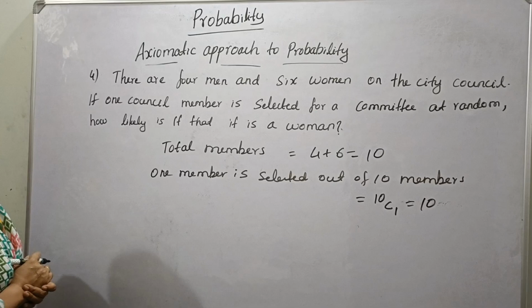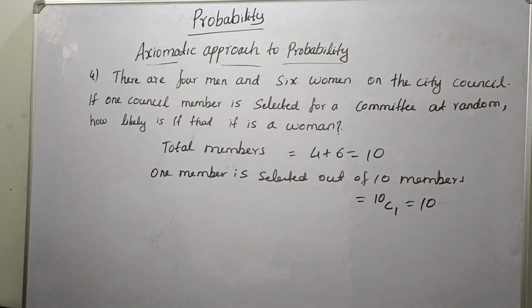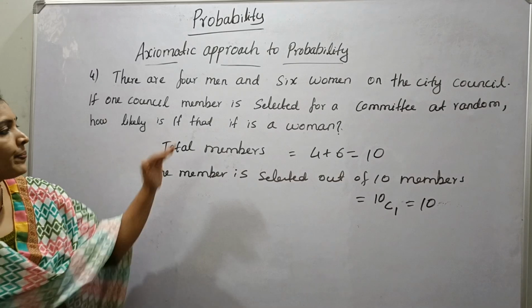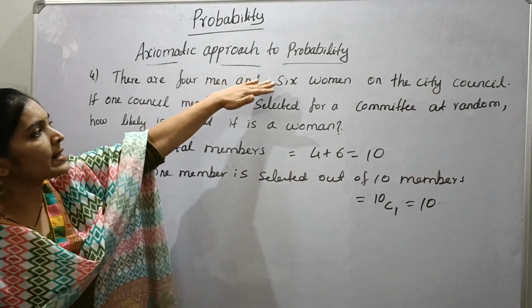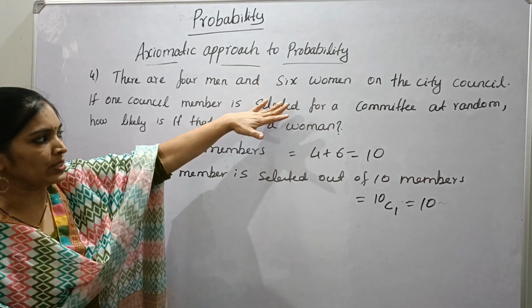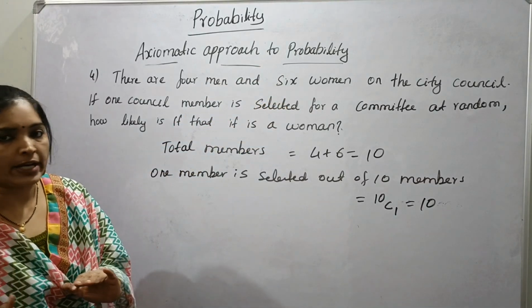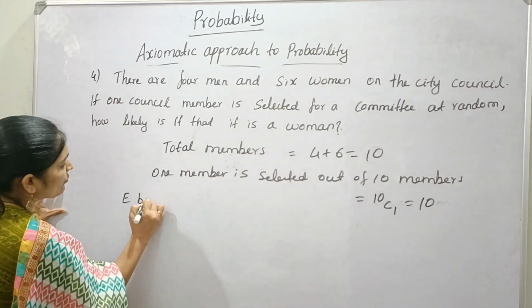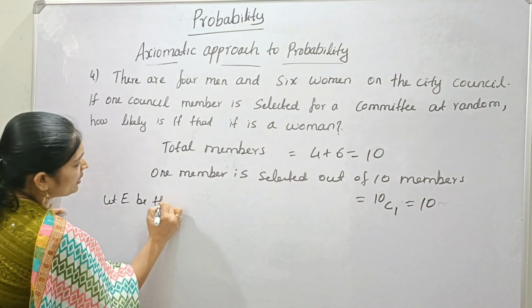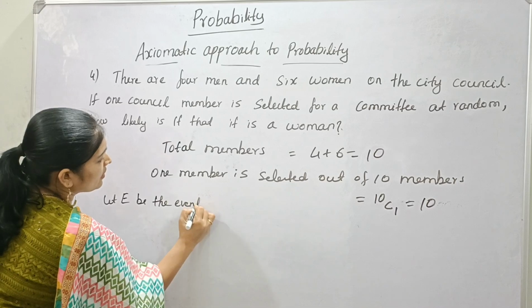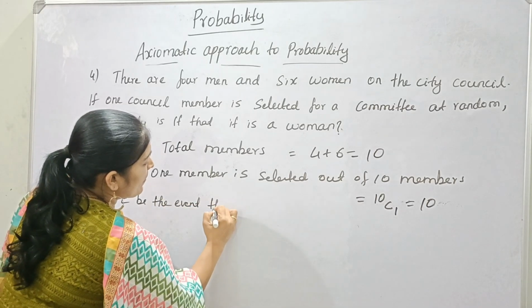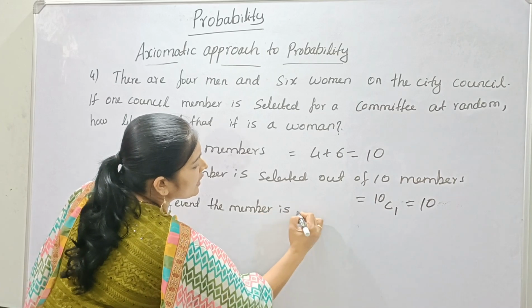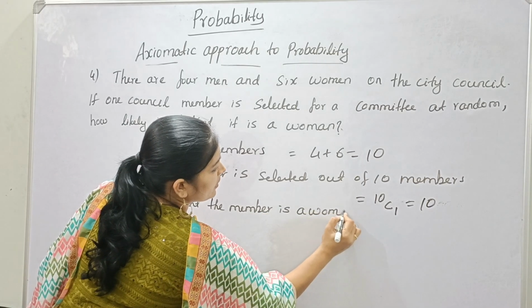Here we have to find the probability that the selected member is a woman. There are 6 women in this council. Let E be the event that the member is a woman.